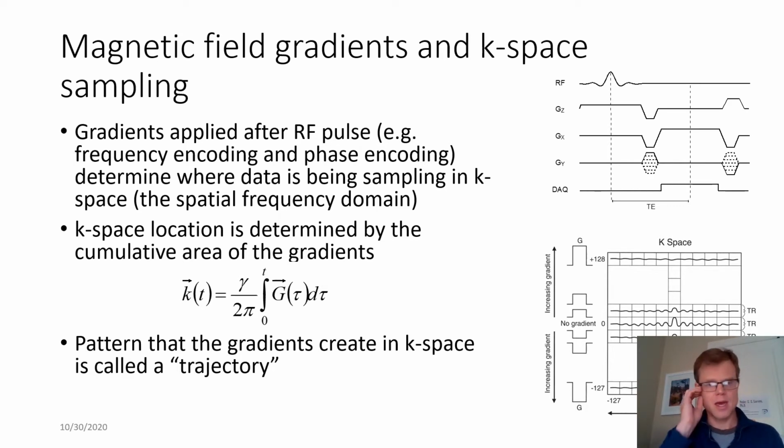The relationship we're going to derive is that the K-space location is determined by the cumulative area of the gradients. The term we'll use is the K-space trajectory, which refers to the pattern by which the magnetic field gradients move through the spatial frequency domain. Okay, I just dumped a lot on you there. Let's go through each of these things more specifically.